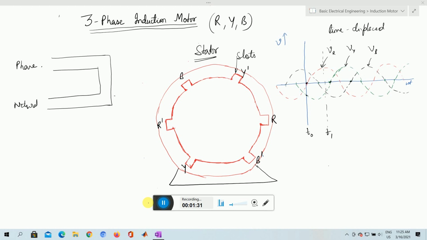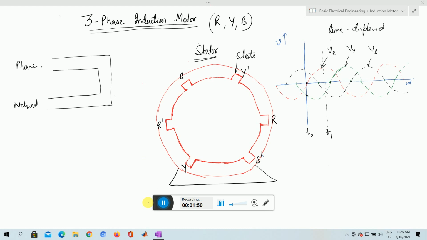Now coming to the construction part, the upper body that you can see is the stator of the induction motor, and these are called the slots.